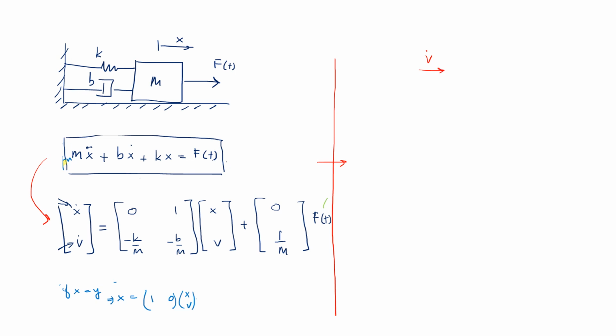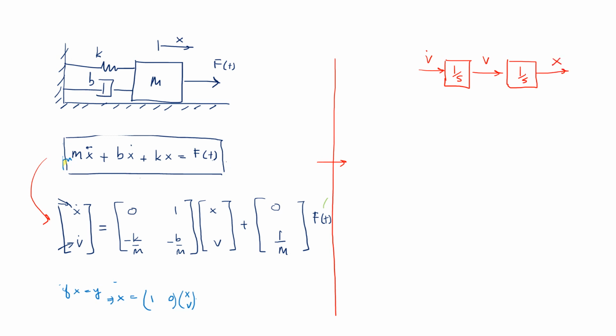And this signal is then integrated. And you have seen the block diagram for the integrator, like 1 over s already, which is going to produce v. And if I integrate v once again, I will get x, or the displacement.